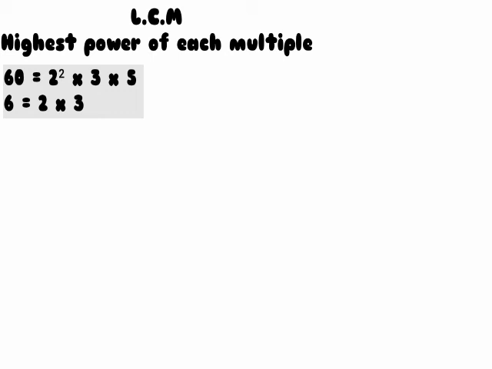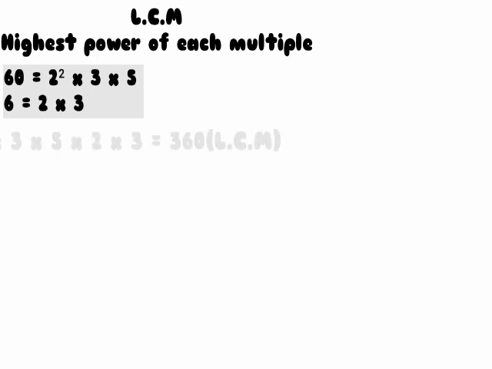In the case of 60, the highest power of 2 is 2. So we have to solve its power and it comes out as 4. And the highest power of 3 is 1. So it is stable. And 5 will do the same job.